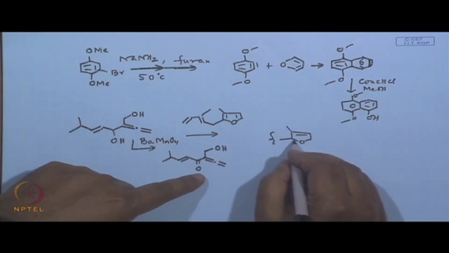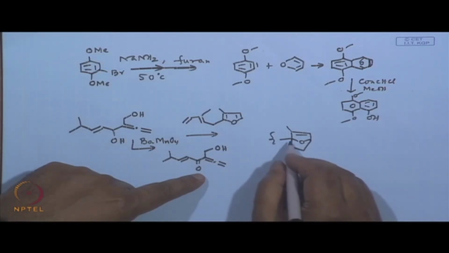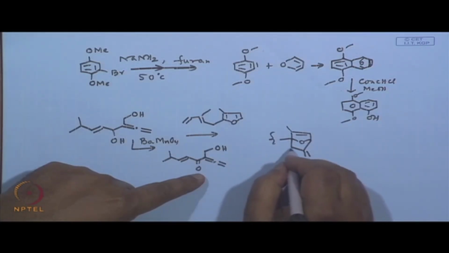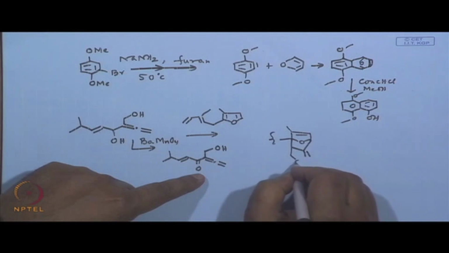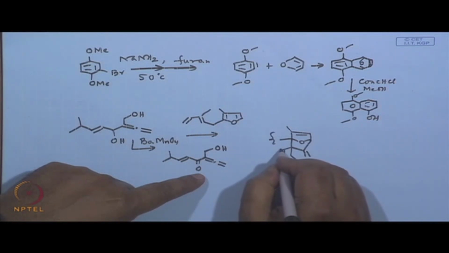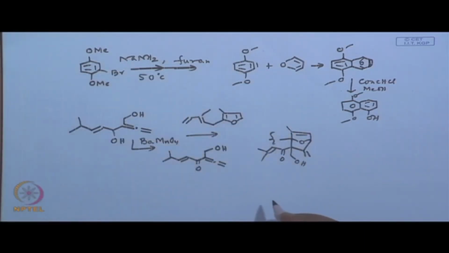And so, what we will see then, this is the double bond, and then you have this OH, and this is the ketone part, and then the other part, this is the other diene part, that diene part, this is regular.